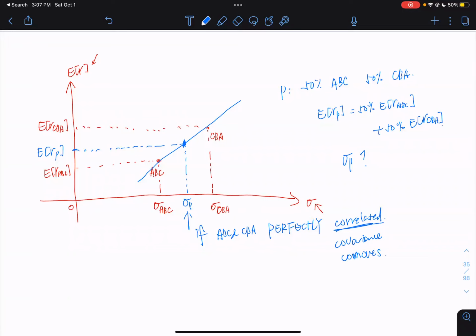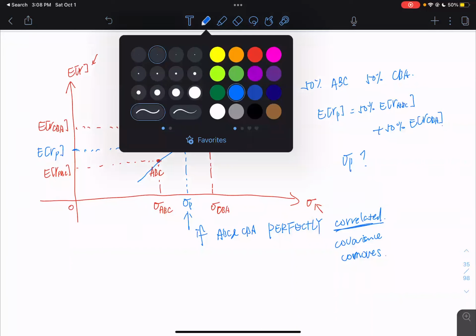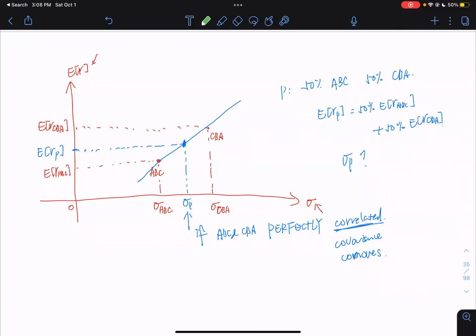This might sound a little bit abstract. Let me give you a comparison. Suppose A and B are negatively correlated. They are moving oppositely, okay? Then what you will get is, again, your expected portfolio return does not change, because this does not change, this does not change, and 50% does not change.